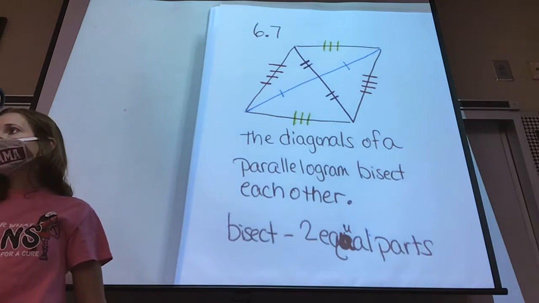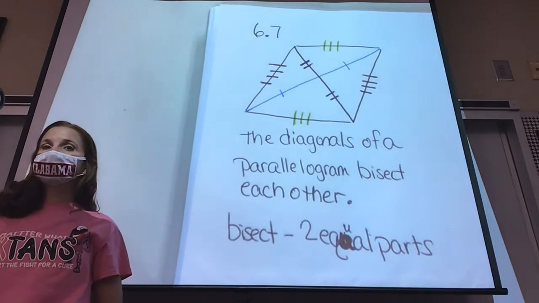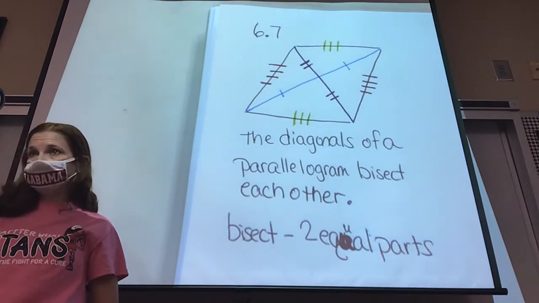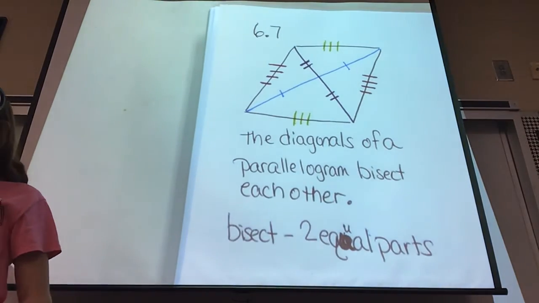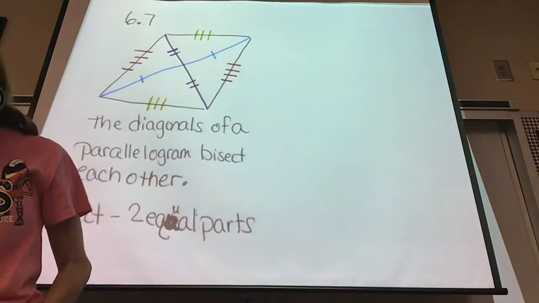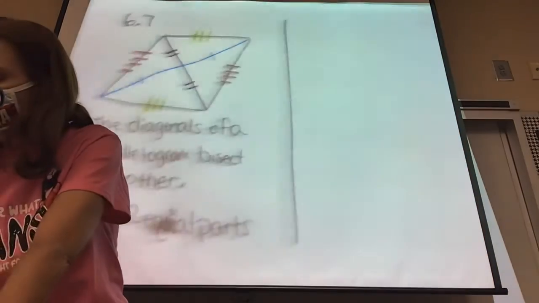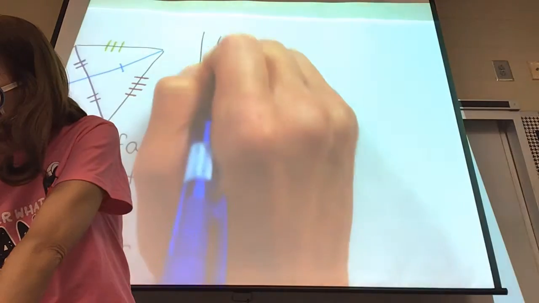So does that make sense? Yes, no, maybe, I don't know. We're going to put it to the test in a minute. We have one more before we actually start working, so make sure you do not lose this page.